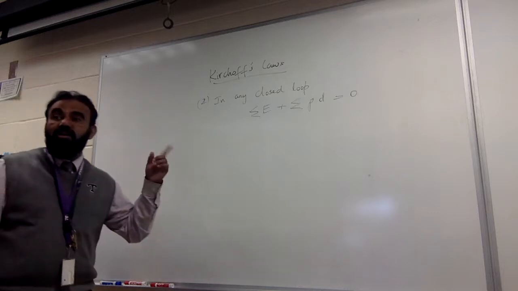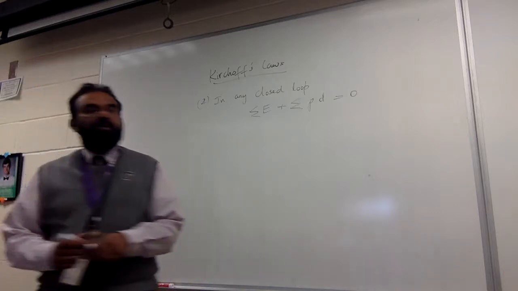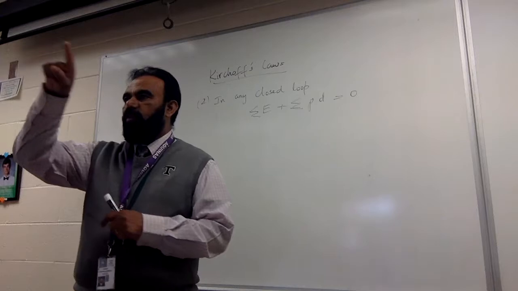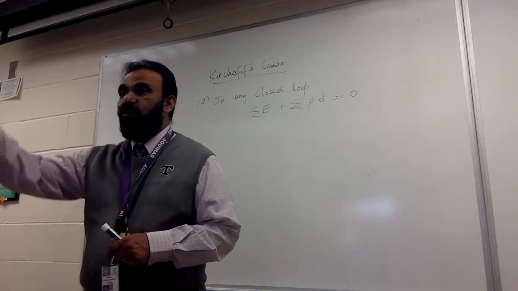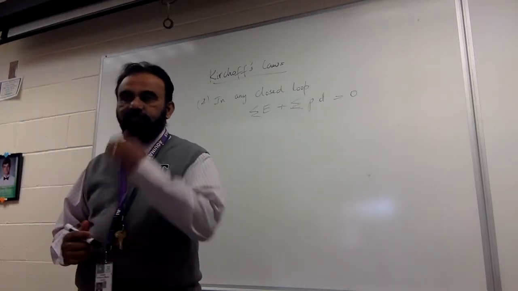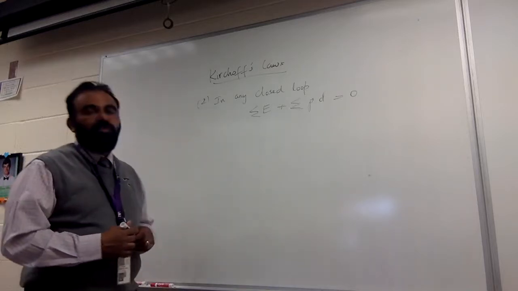That is, in any closed loop. What's a closed loop? A closed loop is like starting from one point, it should be a complete loop. That is called a closed loop.